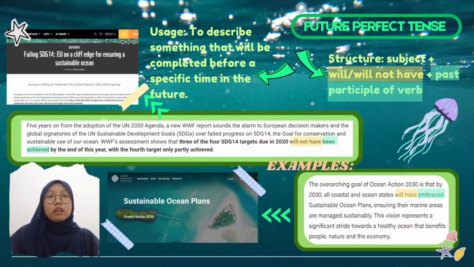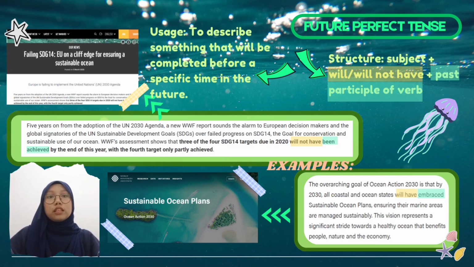And then our yellow highlighted word, which is our helping verb, is "will not have". And then our past participle of verb, which is the blue highlighted word, in this example is "been achieved". Do note that this first example is the passive sentence of future perfect tense.